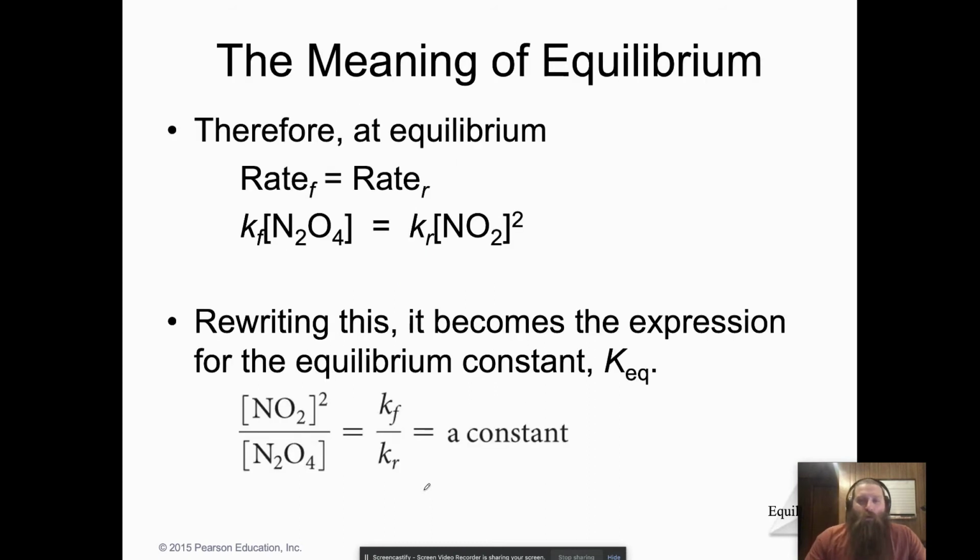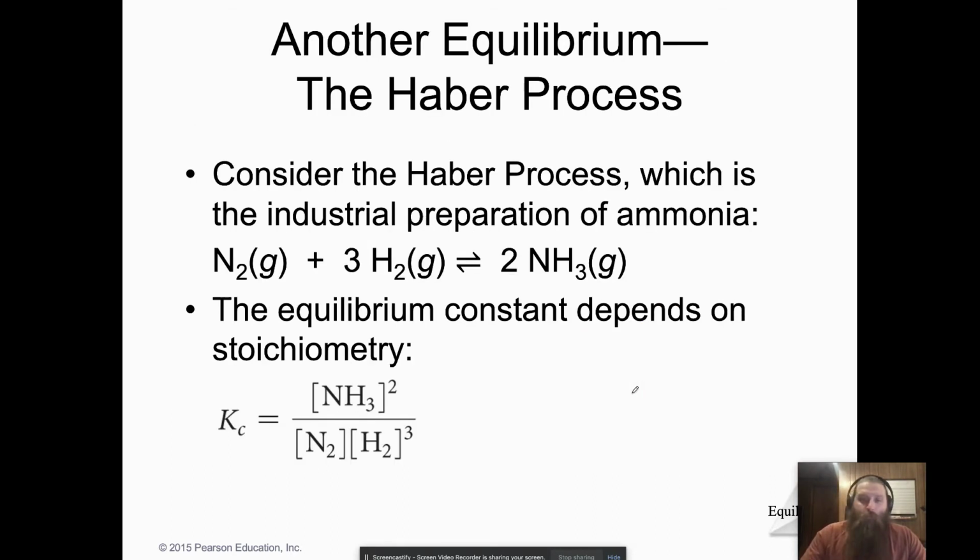It should be pretty obvious that at equilibrium, the forward rate and the reverse rate are equal to one another. Now we can rearrange that and get K on one side, and if we solve for this, we get a constant, and we call that constant Keq.